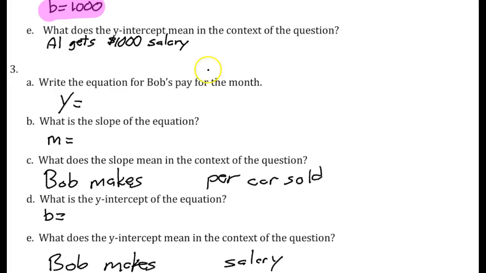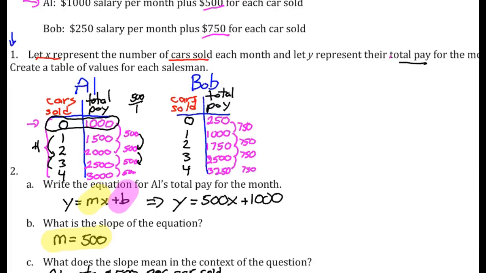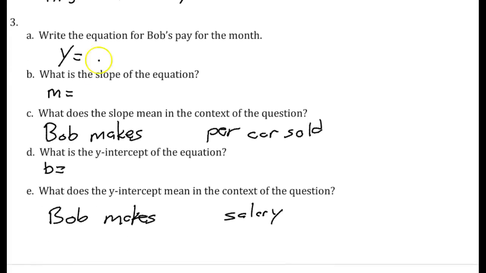So for the slope, what is the slope for Bob? Oh, no. Slope goes up $750 per car, right? So Bob makes $750 per car. And the y-intercept? $250, because he makes a $250 salary.